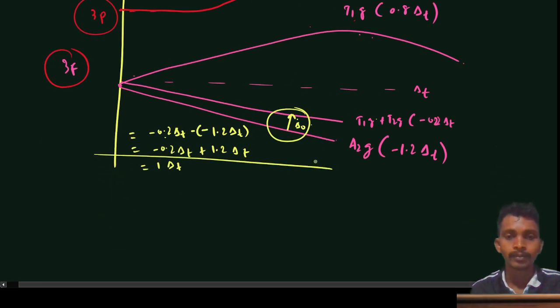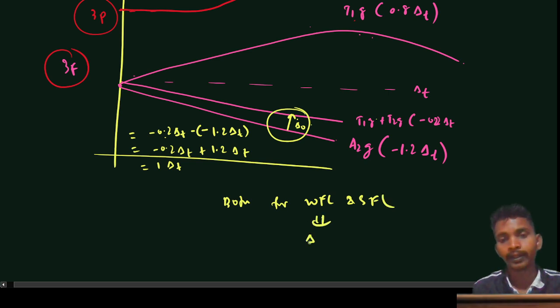Everywhere this is applicable: for weak field ligands and for strong field ligands the delta t is the same.